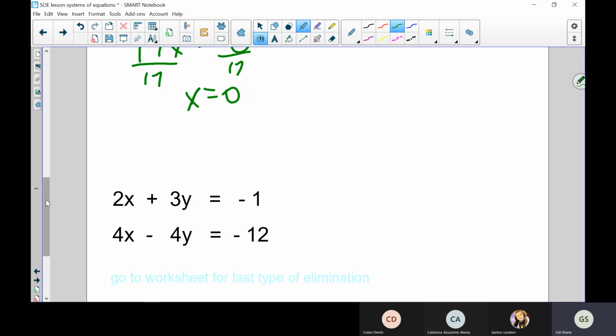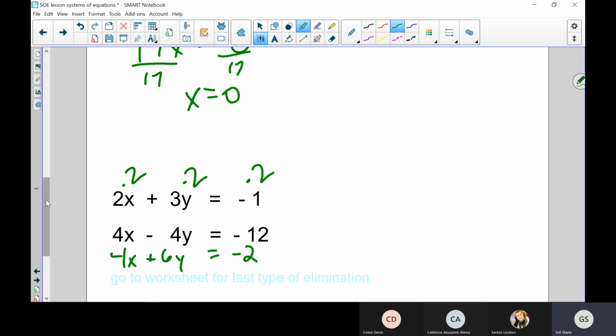What number? 2. Because if I multiply 2 times 2, I'm going to have a 4 there, which is what I want, 4 and a 4. But I have to multiply everything by 2 if I'm going to do that. So now I'll multiply everything by 2: 4x plus 6y equals -2.